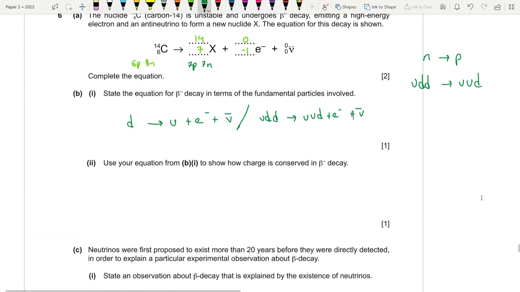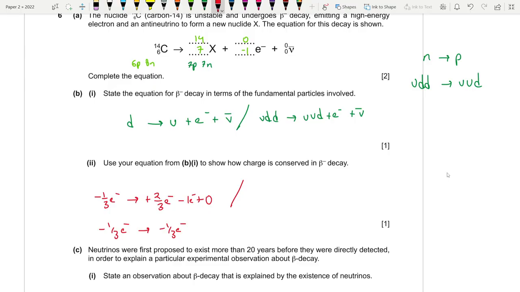Okay, very important. Use the equation to show how charge is conserved in beta minus decay. Let's do this. Okay, so using the first equation, the one on the left, you know the down quark, right? It has a charge of minus 1/3 e. On the right hand side, this up quark has a charge of plus 2/3 e. The electron has a charge of minus 1, and neutrinos and antineutrinos have a charge of 0. So if you do the math, minus 1/3 e is equal to plus 2/3 e minus 1 e, which is minus 1/3.